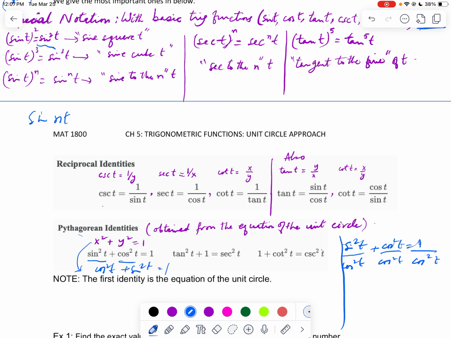The first term is sine square t over cosine square t, so I can write it as sine of t over cosine of t whole squared. But what is sine of t over cosine of t? That is tangent of t. So I get tangent of t whole square, which is the same as tangent square t.